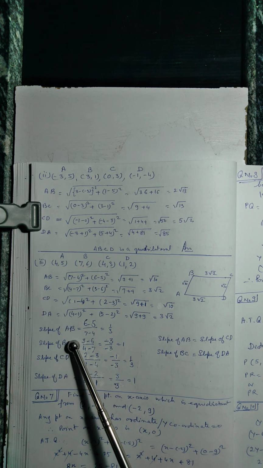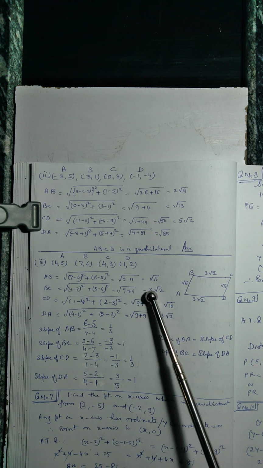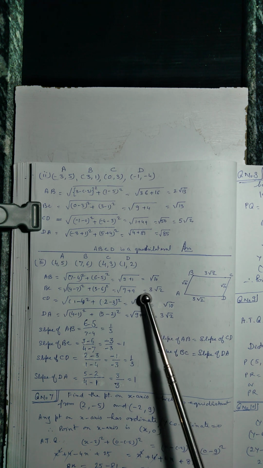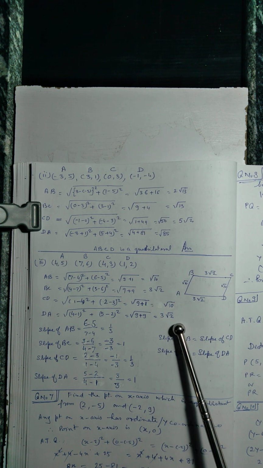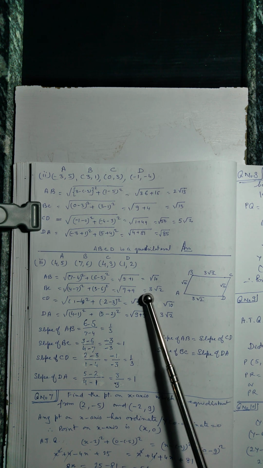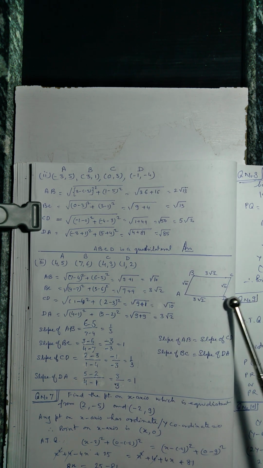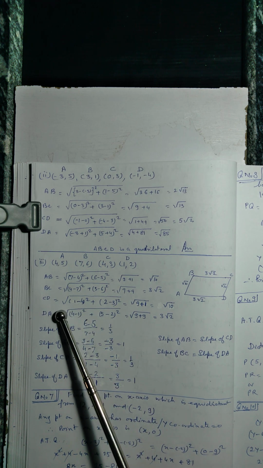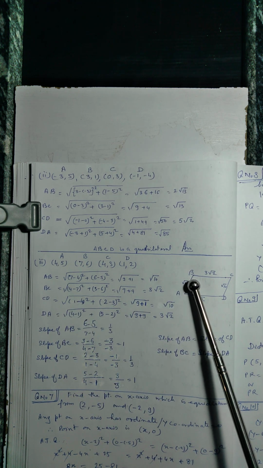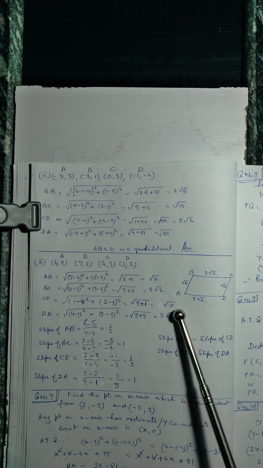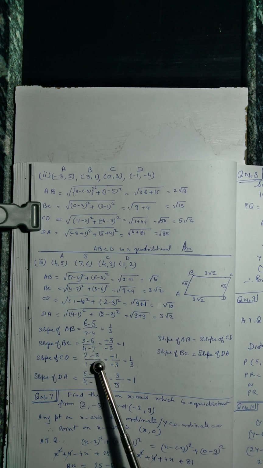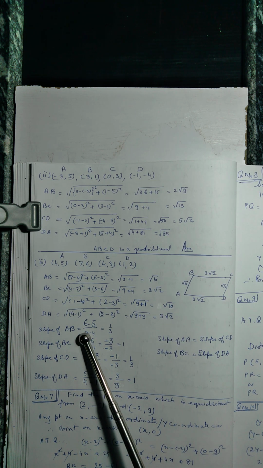Now you see that it has been established that the opposite sides are equal. AB opposite side is CD, both are equal. Similarly BC and DA are also equal because they are opposite to each other.